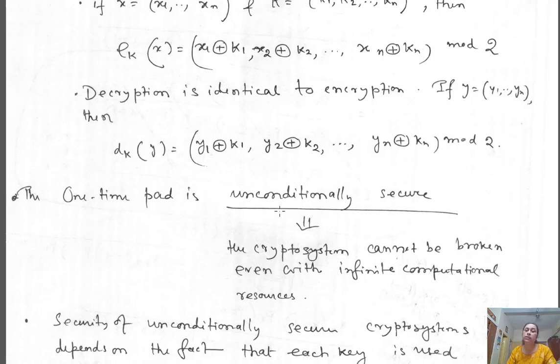It is given unbounded power, and a crypto system is said to be unconditionally secure if it cannot be broken even with infinite computational resources. Even when the adversary is given infinite computational resources, it cannot be broken. Then we say it is unconditionally secure, and it can be proved that the one-time pad is unconditionally secure.